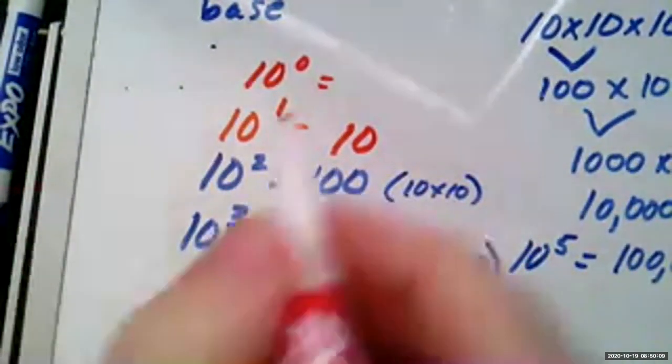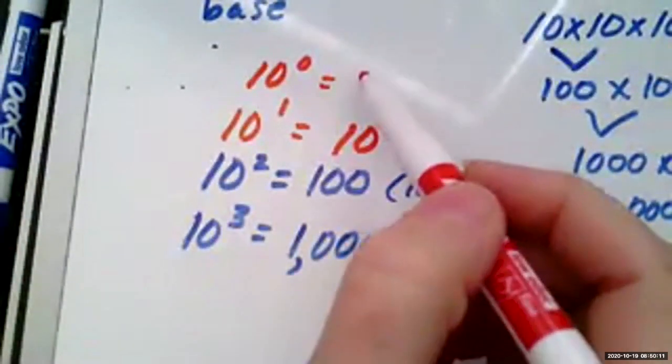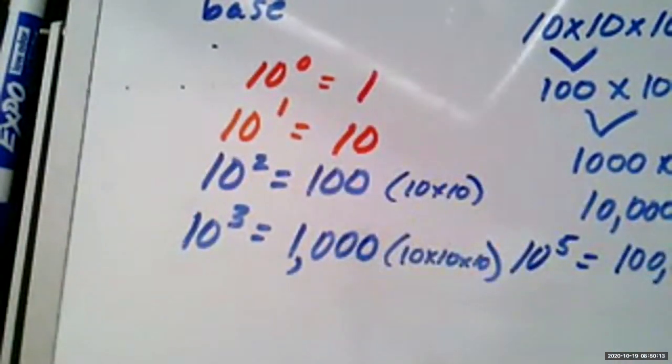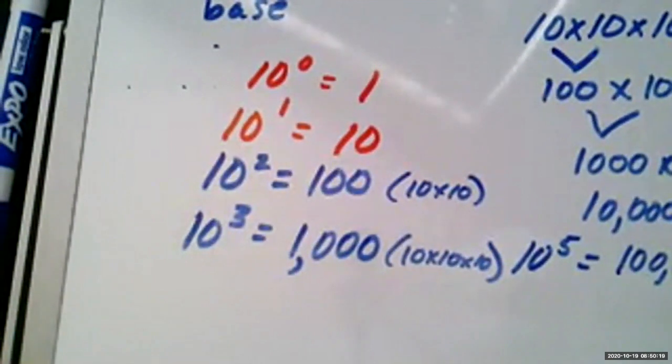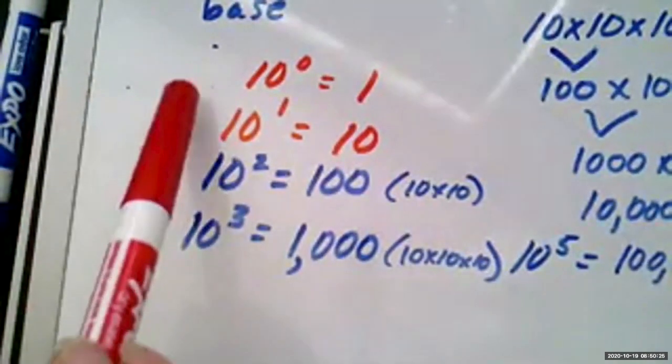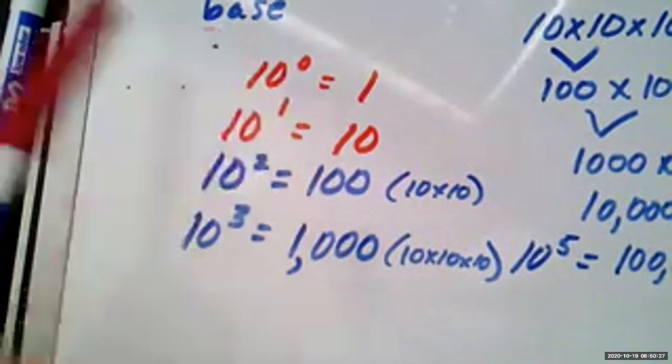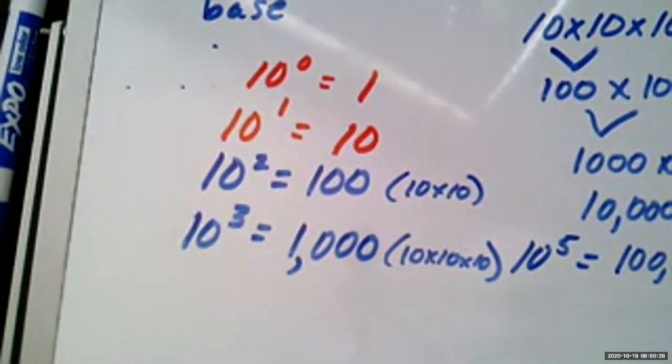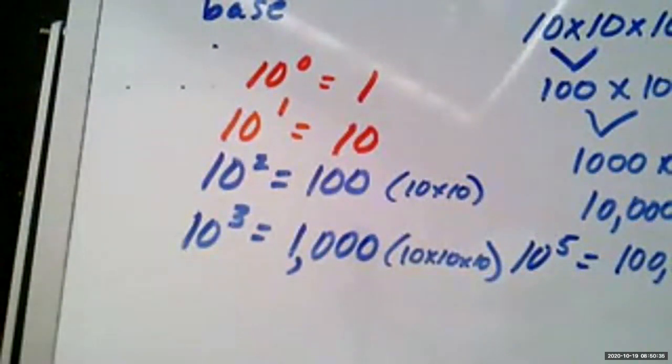Anything to the 0 power, and this is a rule, anything to the 0 power is 1. 1 followed by 0 zeros, okay? And I'm going to show you another reason why 10 or anything to the 0 power equals 1. Oh yeah, it makes sense. That's what you were thinking. That's awesome. Totally got it. Yes, you did. All right.